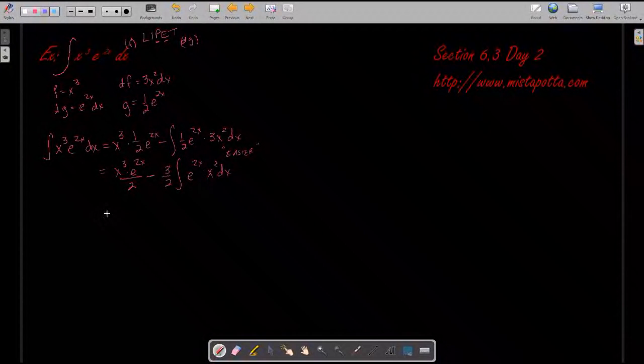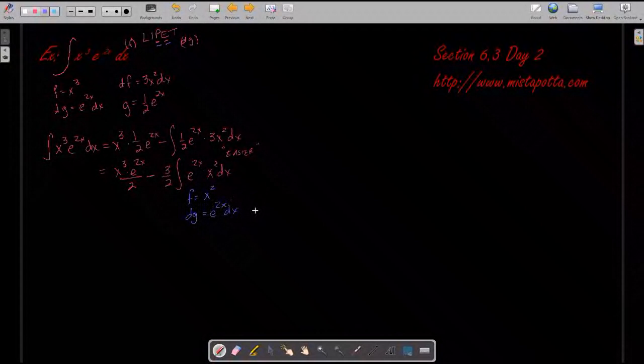The procedure is exactly the same, because I still have a polynomial and an exponential. LIATE is still going to help me here. So for this problem, f is my polynomial x squared, and dg is my exponential e to the 2x dx.